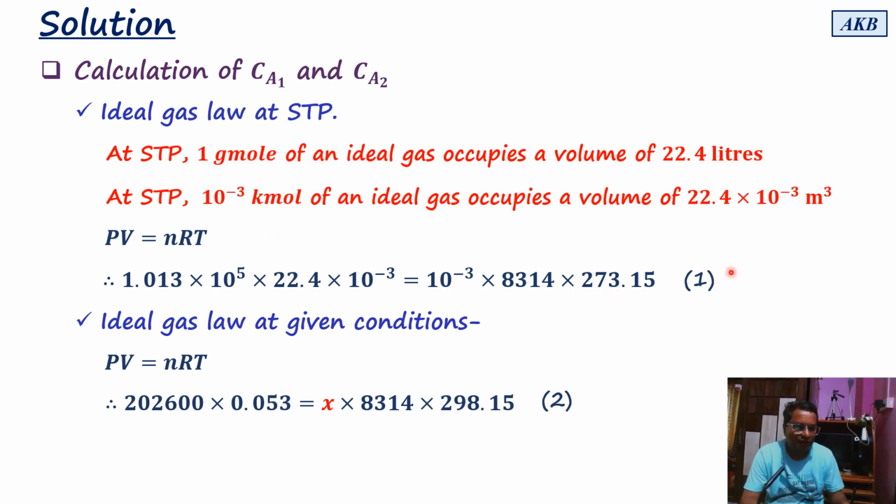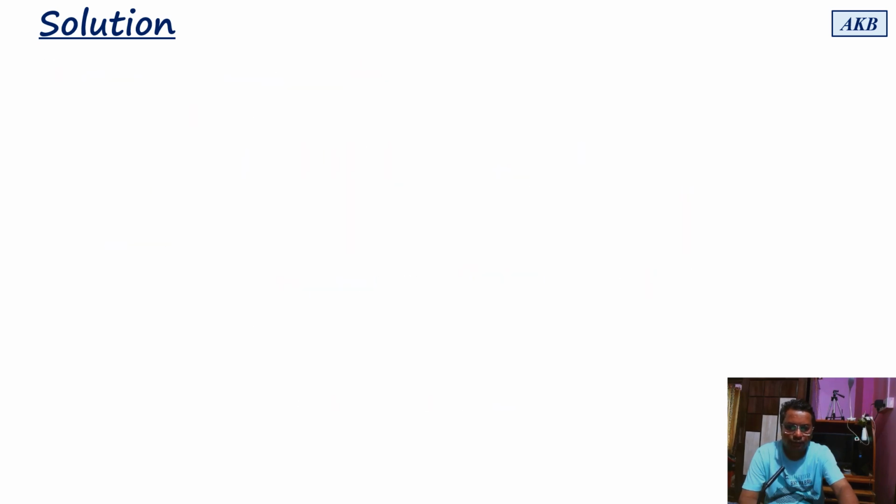So you have relation 1, which is obtained when we apply the ideal gas law at STP, and equation 2, which is obtained by applying the ideal gas law under given conditions. Let us move ahead.